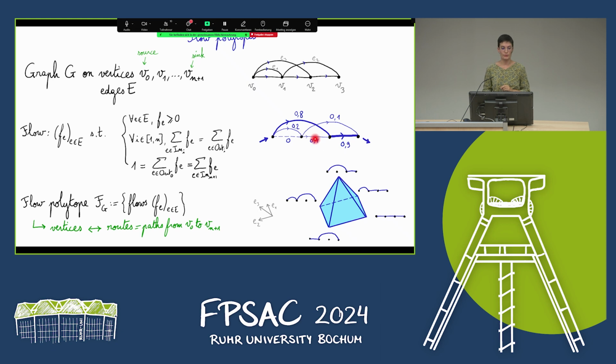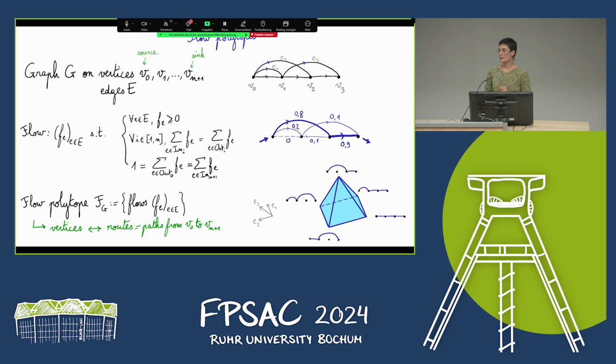For example, the vertices of the flow polytope are in correspondence with routes of the graph, which are the paths from the source to the sink. So in this example, with 6 edges, we in fact have a 3-dimensional polytope, which is this pyramid, and here we see the bijection between the vertices and routes of the graph.